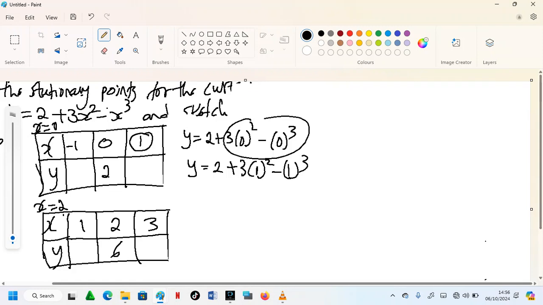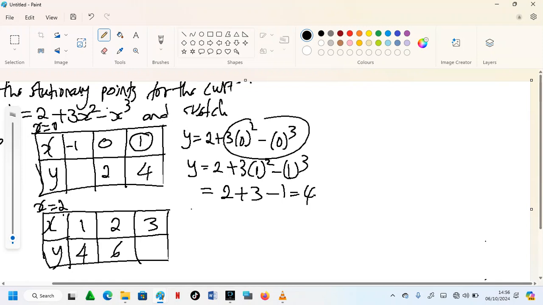So this is going to be 2 plus 3 minus 1, right? 1 cubed is 1. So this is 4.